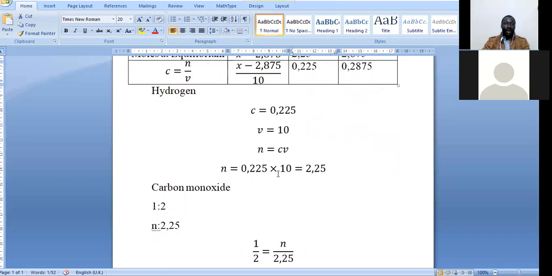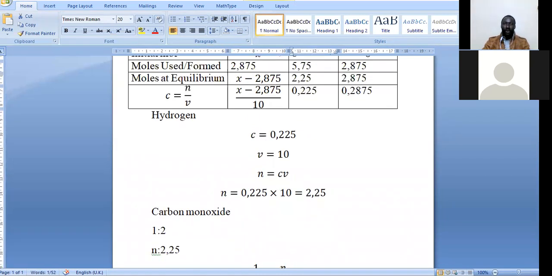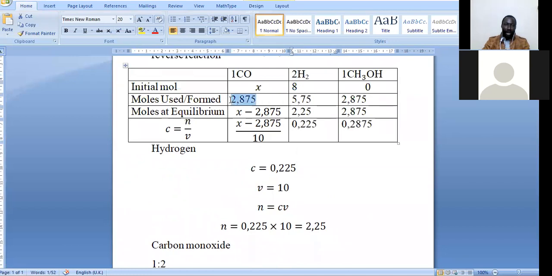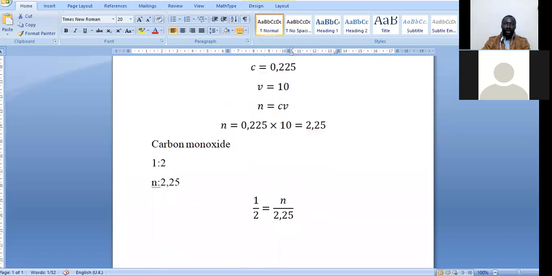That's the reason we have 1 to 2 here. We don't know the number of moles of carbon monoxide, but we know the number of moles of hydrogen. No, this is supposed to be the other value, which is 5,75. Sorry for that.